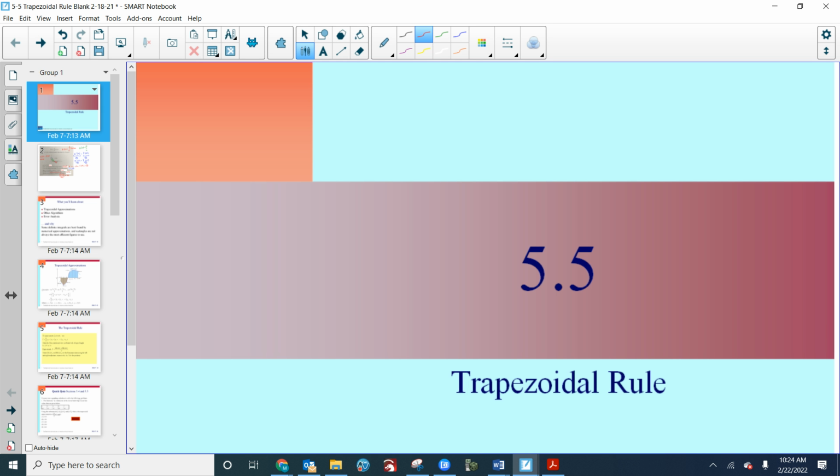So the trapezoidal rule, I'm going to do a very, very quick introduction to this. We're going to figure out how to do it, and then we're going to do a couple examples and be done. Ready? Do you remember the area formula for a trapezoid? 1/2 (b1 plus b2) times h.